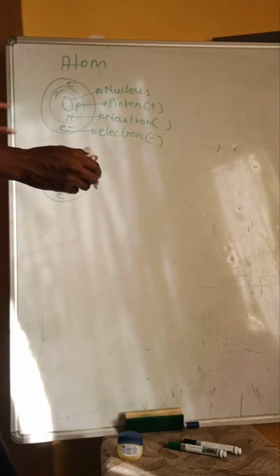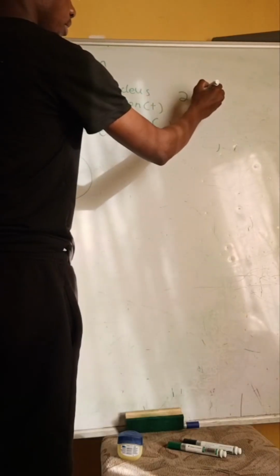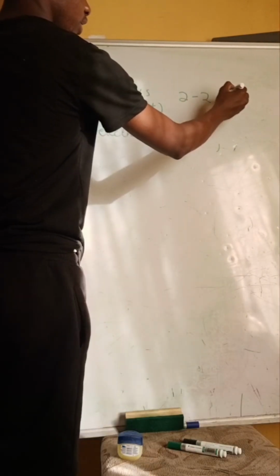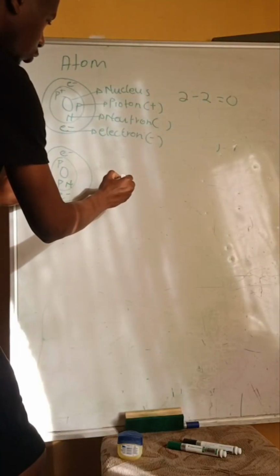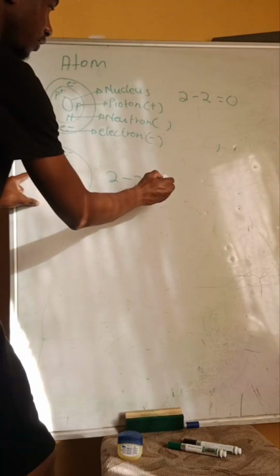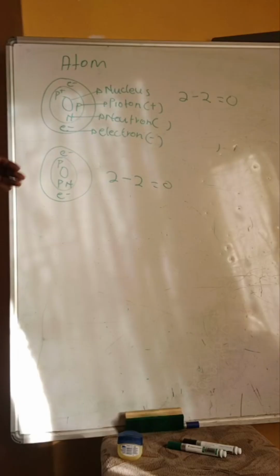So now it's going to be 2 protons minus 2 electrons, which will give us 0. The same applies here, 2 protons minus 2 electrons give us 0. It means if we have 2 atoms with the same number of protons and electrons, there won't be a charge between these 2 atoms.